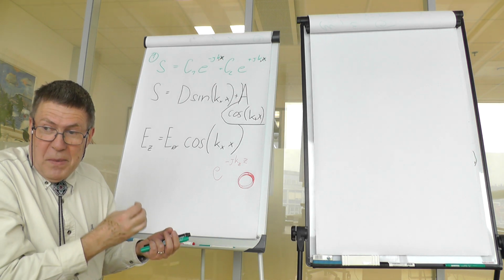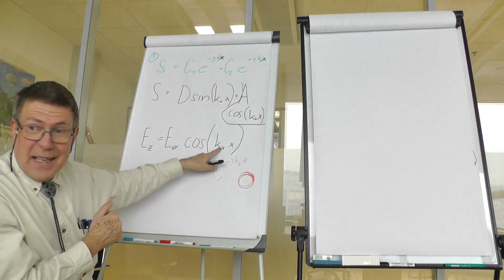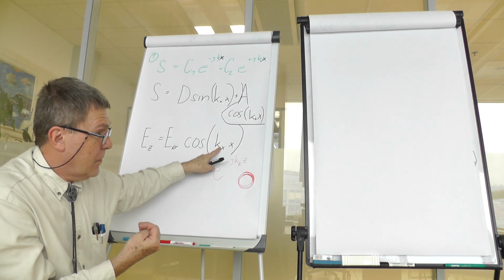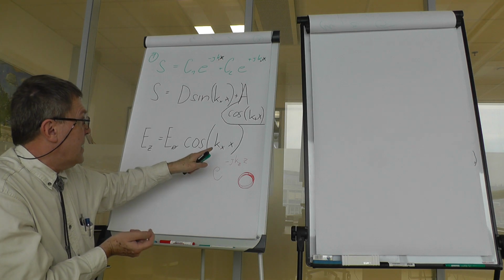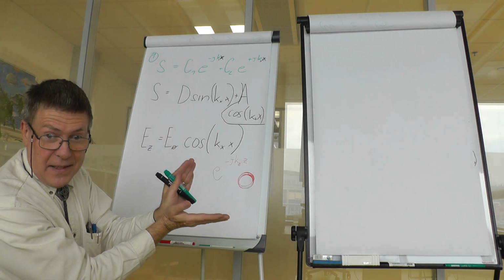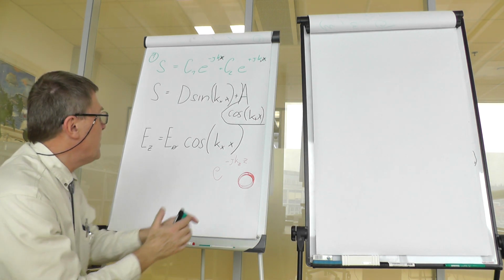But to be able to do that properly, we should first know Kx. That's a key component: how the propagation constant K is split into Kx and Kz. That's a key factor which we do not know so far.